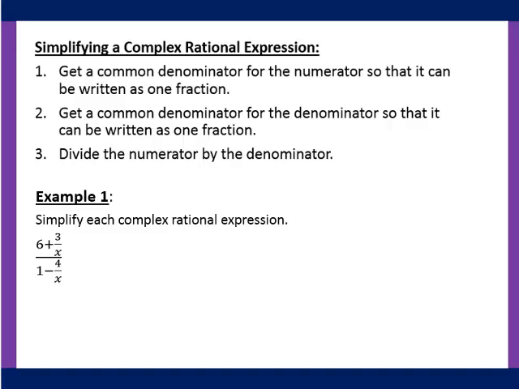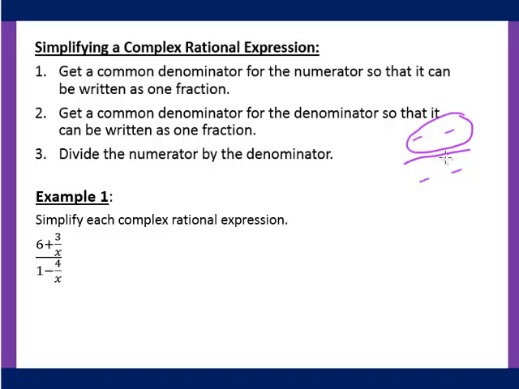The steps that we want to take will probably make more sense after we've done one and not beforehand. Let me back up. We're going to have a big fraction with little fractions on the top and the bottom. Number one, we get a common denominator for the numerator so that it can be written as one fraction.